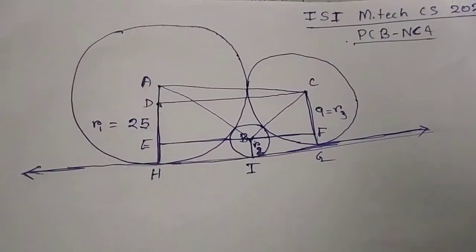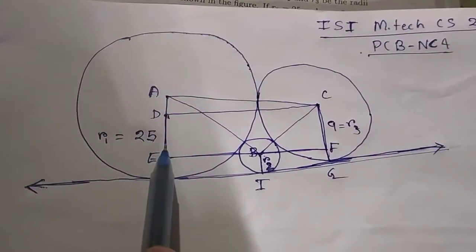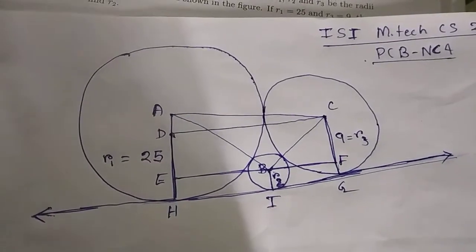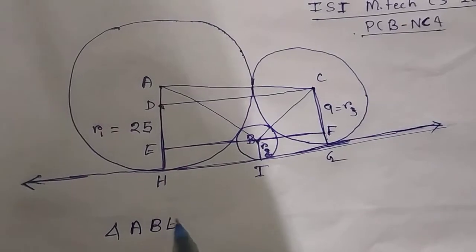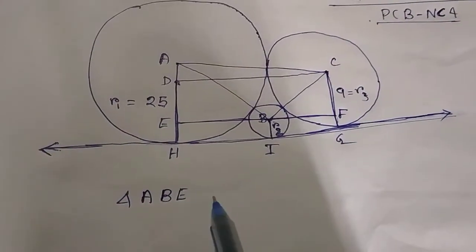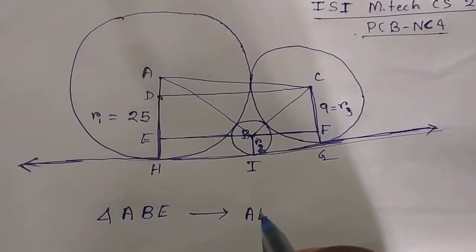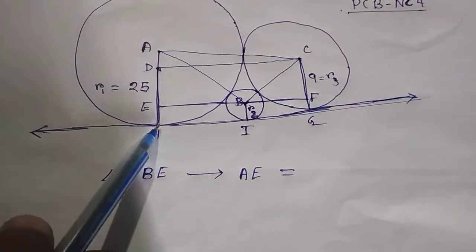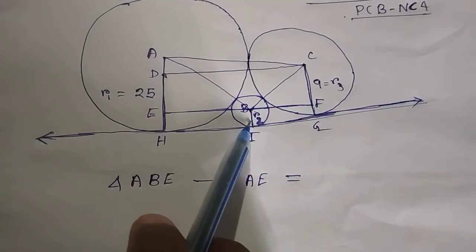But before that, let's try to see the value of the lengths. First of all, let's try with the triangle ABE. From the triangle ABE, here we can see that AE equals, you can see that from here to here it is 25, and this is going to be R2, right?